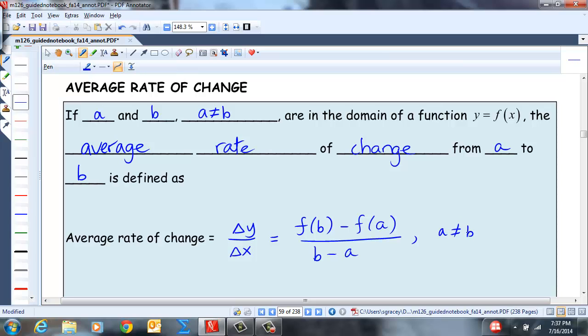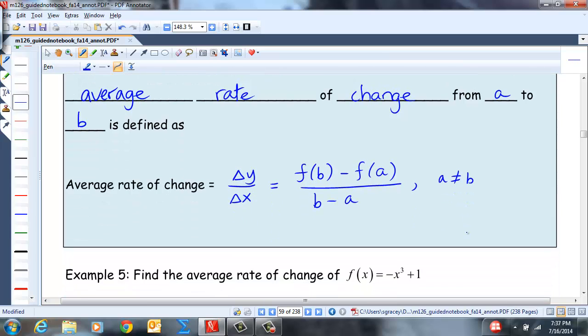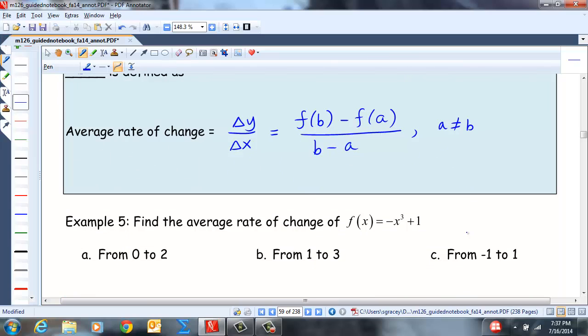And it's really cool because when you're in calculus, as A and B get closer and closer and closer together, you can find the instantaneous rate of change.